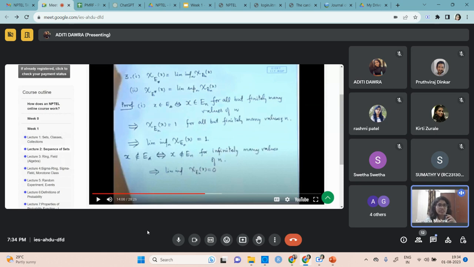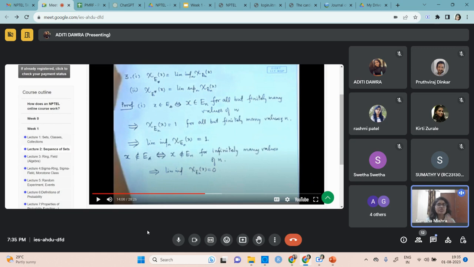So the indicator function chi En of X is 1 for all but finitely many values of n. So if for every set we have E1, E2, En the indicator function is 1, then its infimum also will be 1, right?